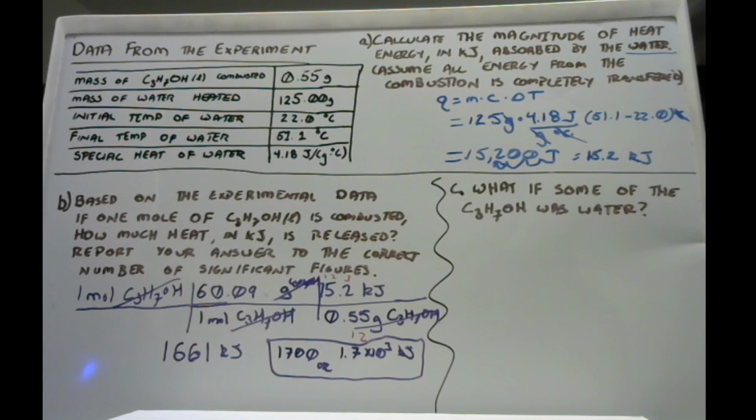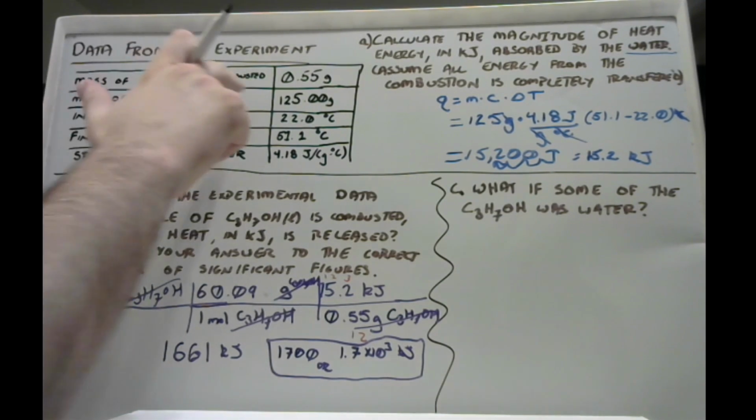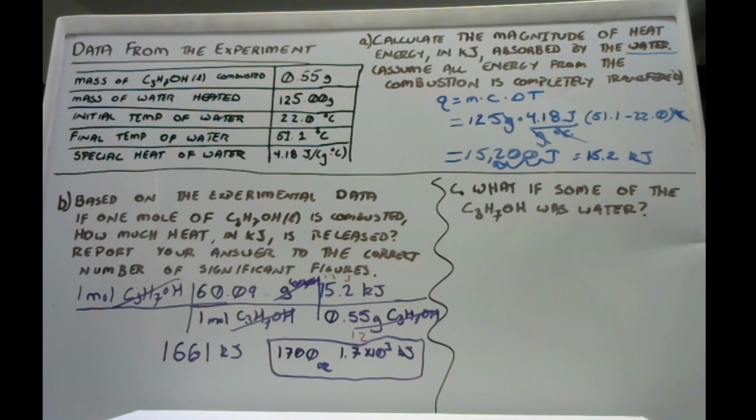Okay, there's several ways to go about this. I personally would like to think about it this way. In the first experiment, you are burning 0.55 grams of propanol. In this experiment, you're also burning 0.55 grams, but only part of that is propanol.